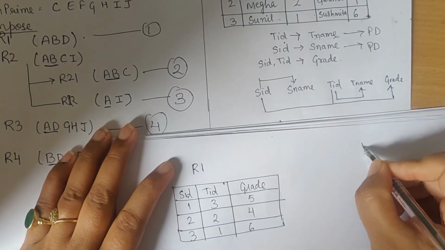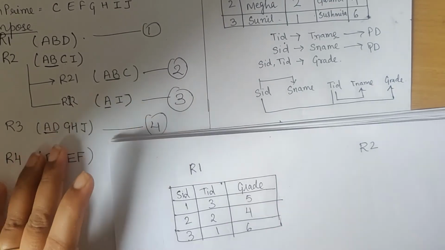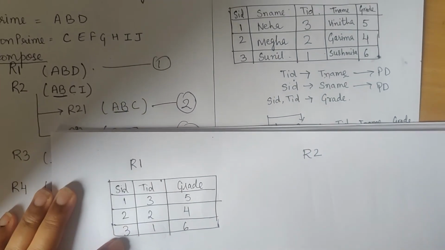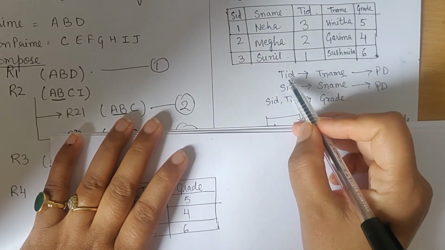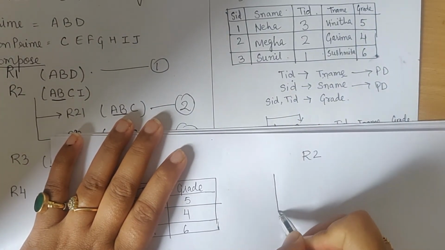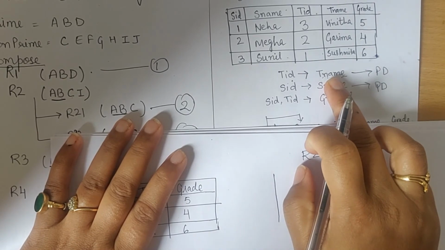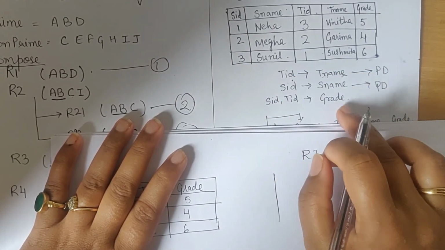For this I will create another table R2. In this table, who will act as a key? TID will act as a key. And it will consist of TName. Is TName determining anything else?